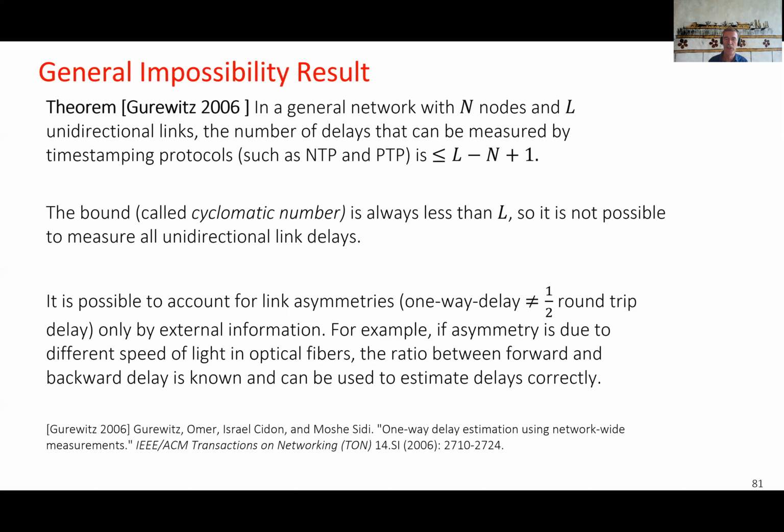Links are not symmetric, for example, because the communication technology might not be using the same coding scheme in both directions, so the bit rates might be different in the two directions. Or more subtle things: if we use optical fiber to transmit the signals, the wavelength might be different, or typically different, and propagation times in the glass or plastic are different for different wavelengths.